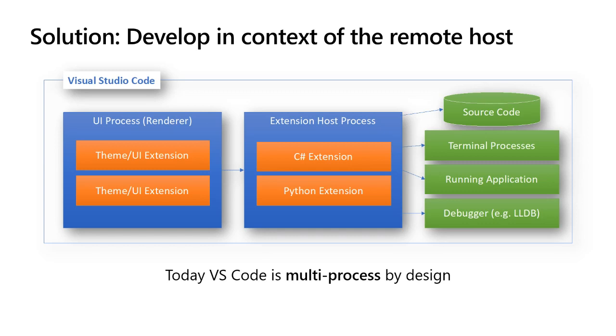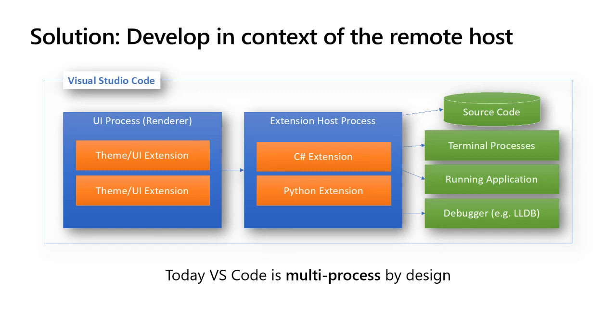And the team decided after a couple of iterations that they need to split Visual Studio Code into different processes and make these processes talk to each other. So, for example, you have the UI process where your code is being rendered. You have different UI extensions there.